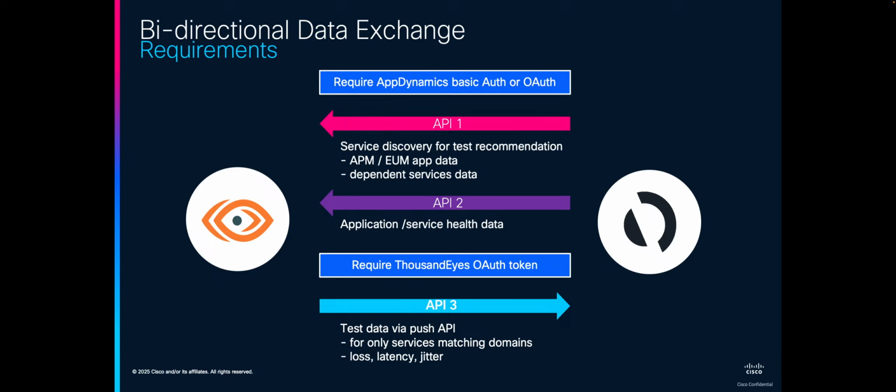It's giving the APM and EUM app data. It's also giving the dependent services associated with those applications. And then it also gives the application and service health data. So those are the first 2 APIs involved. And then there's a third API involved, which is going back the other way: all the test data.